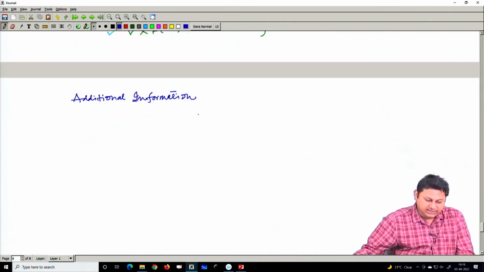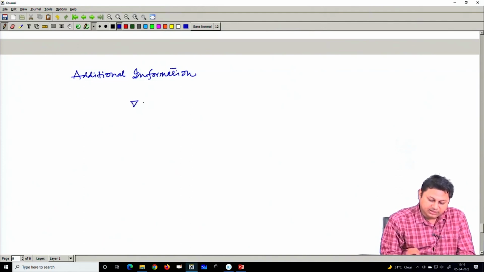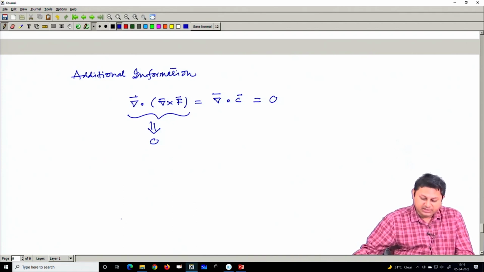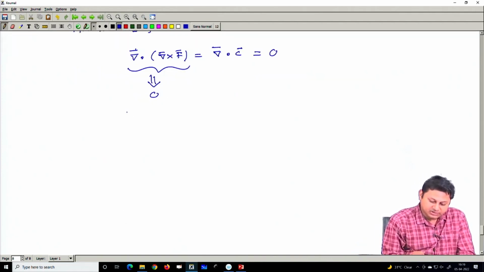The additional information is, since equation 1b is known, if I take the divergence of the curl of F, because the curl is C, that means it is divergence of C. So, this has to be 0, because the divergence of curl of anything is always 0. So, I have an additional piece of information here, that the divergence of C is 0.